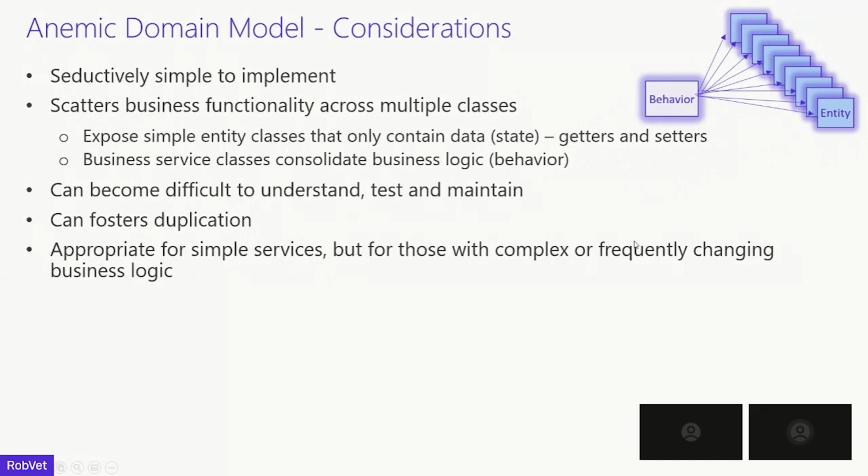So you might look at an anemic domain model like we saw and consider it appropriate for a simple service, more of a CRUD service, where there's not a lot of business logic and it's not changing a lot. That's probably perfectly fine. But if I do have a large amount of business logic and/or that business logic is changing frequently, this may not be the best pattern for that. Over time, this is going to end up getting messy again.